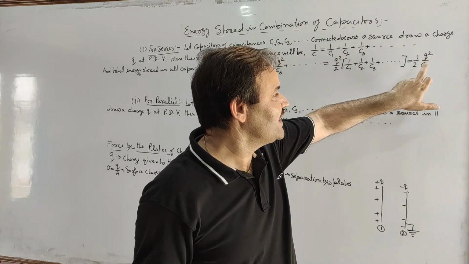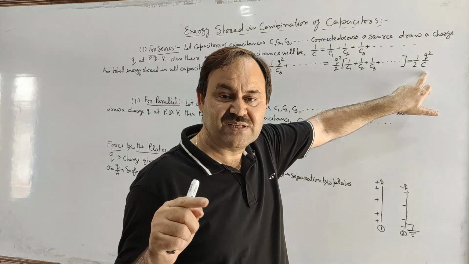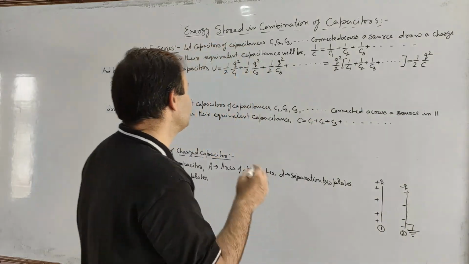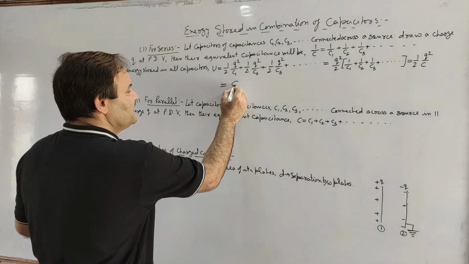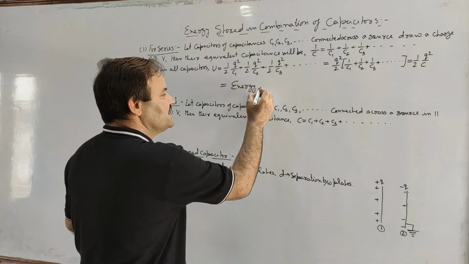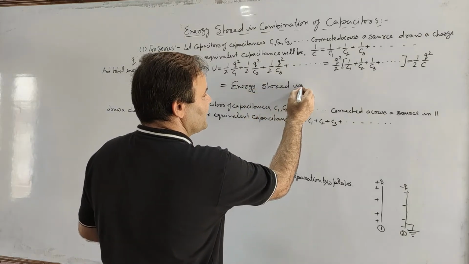So Q square upon capacitance of equivalent capacitor will give the energy stored in equivalent capacitor. So we can say that this total energy stored in combination is equal to the energy stored in equivalent capacitor.